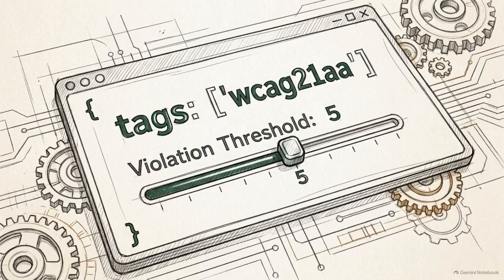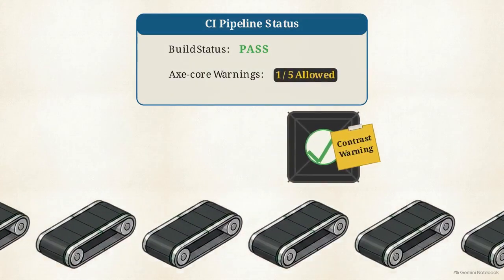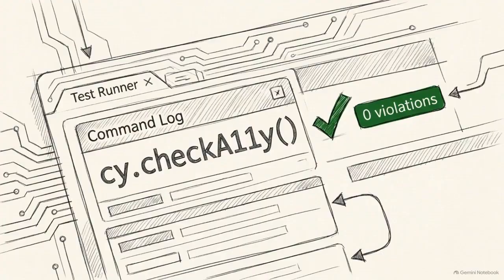You can configure the Axe engine to target specific WCAG 2.1 AA rules and define violation thresholds, ensuring that minor contrast issues don't immediately halt the pipeline. Encapsulating external tools like Axe into global commands guarantees deterministic accessibility enforcement across the entire test suite.